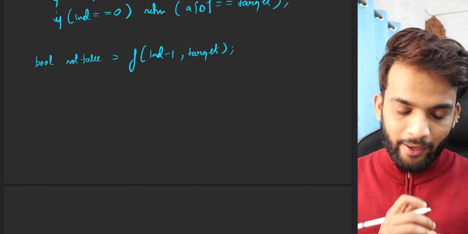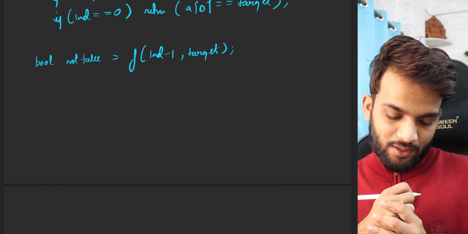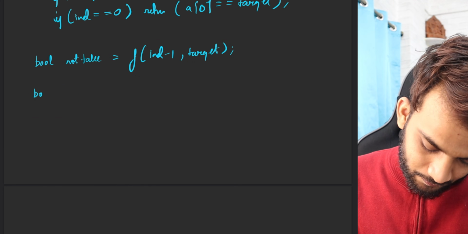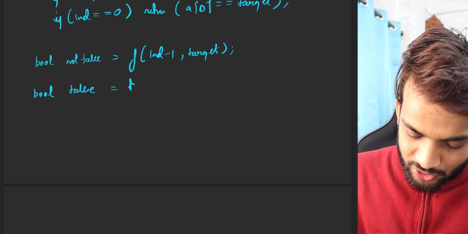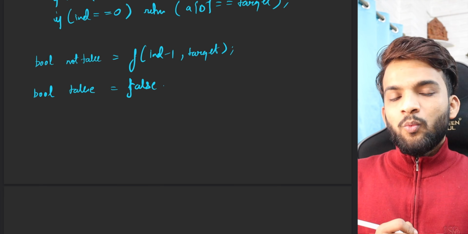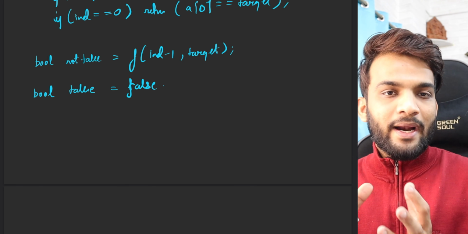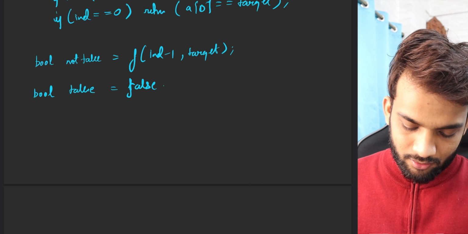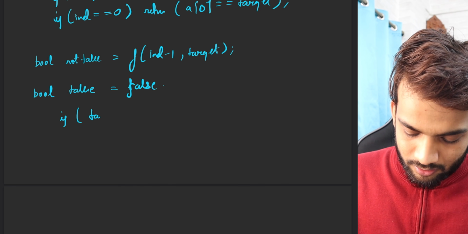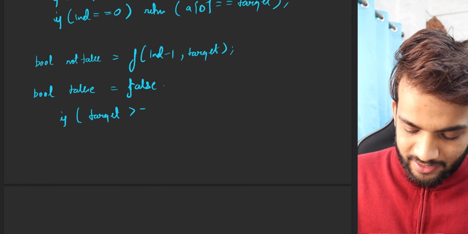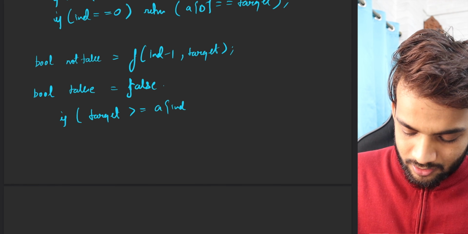It does. Okay. What's the other case? Boolean take. Let's keep the take as true. Sorry, initially false. I'll tell you why. When can you take an element into that? Now, if you're looking for a target, the target has to be greater than or equal to the current array element.